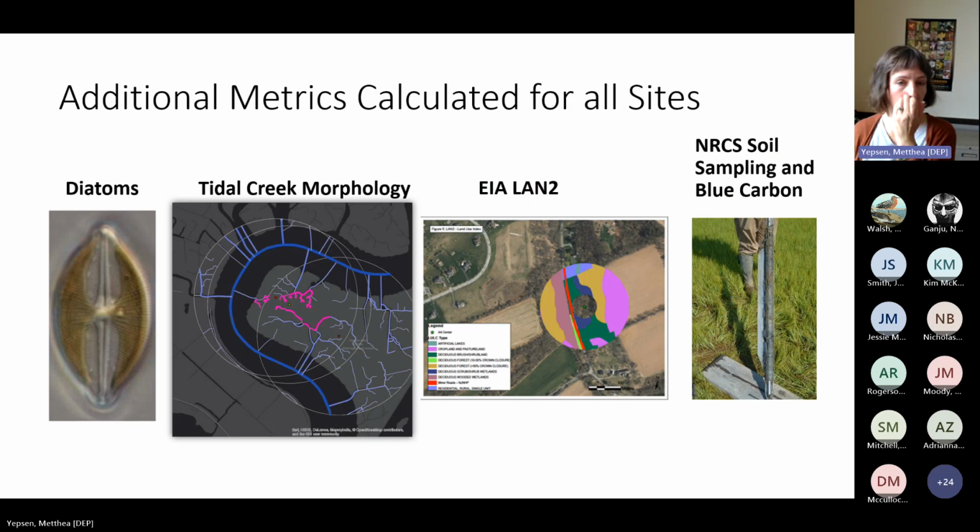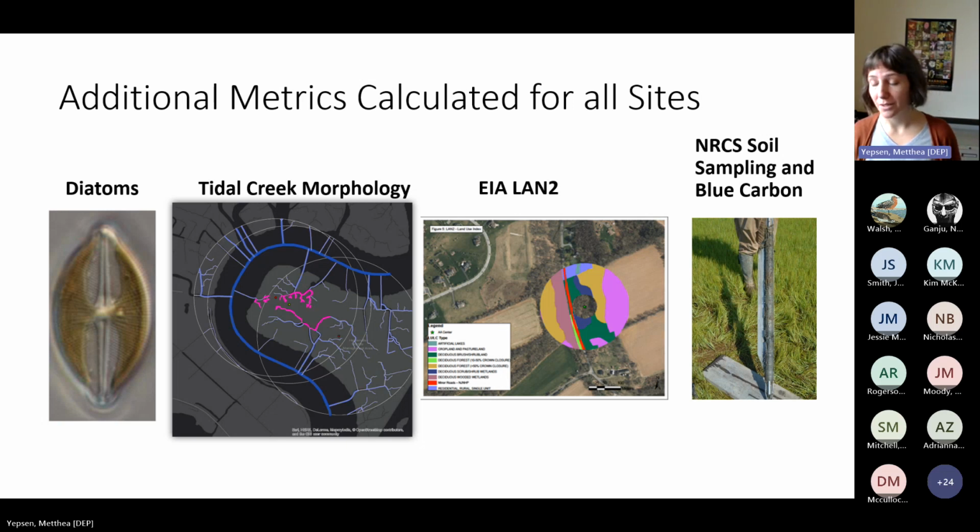We've also collected additional metrics at each one of the sites, kind of as needed. Diatoms have been collected at more than 100 of the sites and used to develop inferences about the flooding, salinity, nutrients. We've looked at the Tidal Creek morphology at each one of the surface elevation table sites.